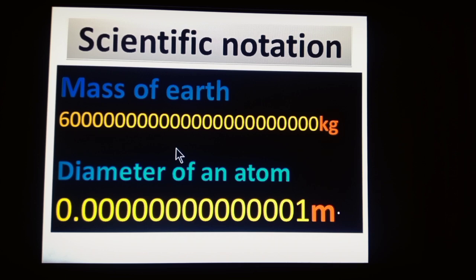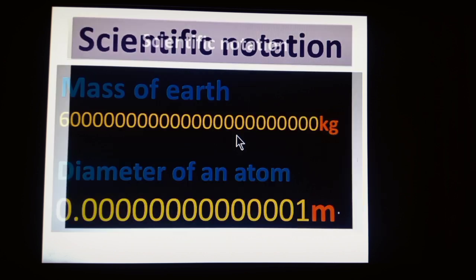Number two, it increases the chances of error in a calculation. Number three, there will be confusion in putting the number of zeros correctly. Therefore, to overcome this difficulty, a method is adopted that is called scientific notation.